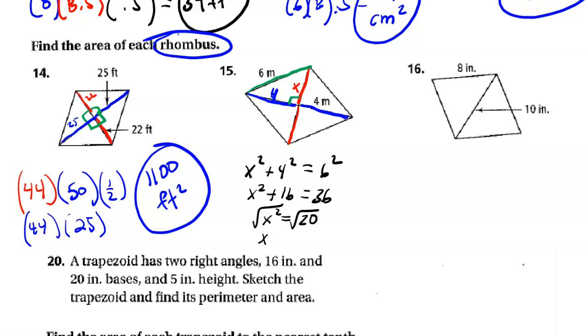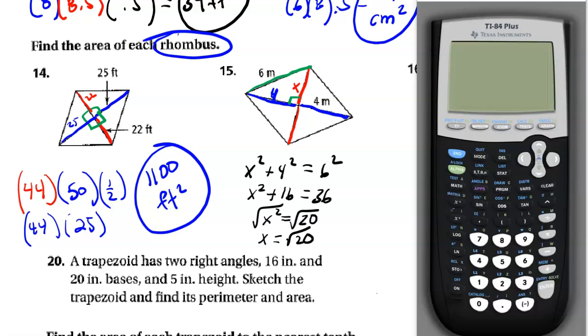So square root both sides. X equals radical 20, which, what is radical 20? Let's just check that out. So square root 20, boom, 4.47. I'm going to leave that in because it's not the final answer.